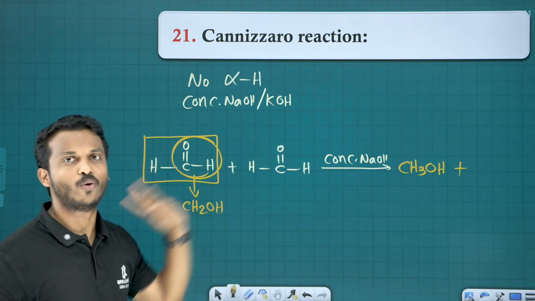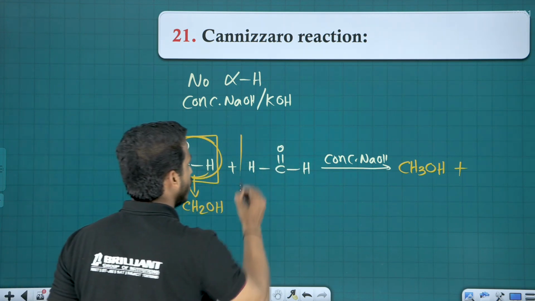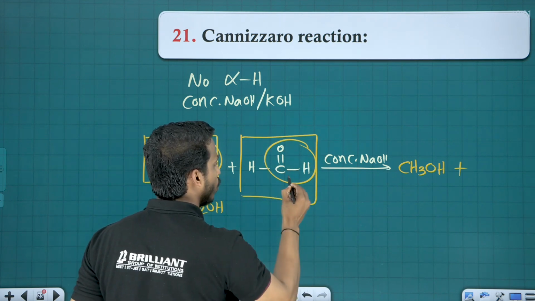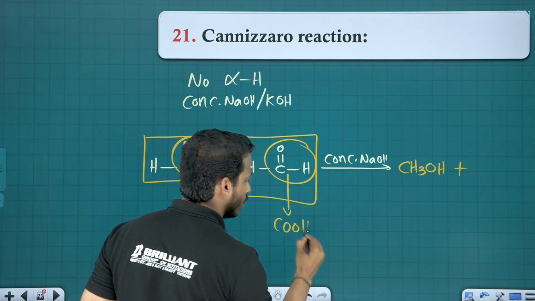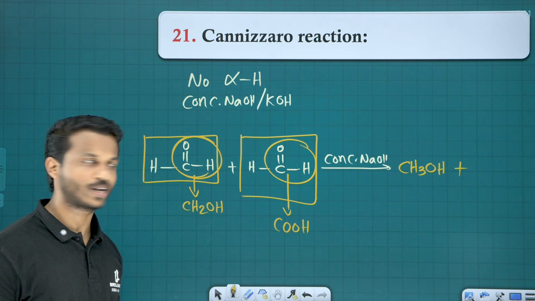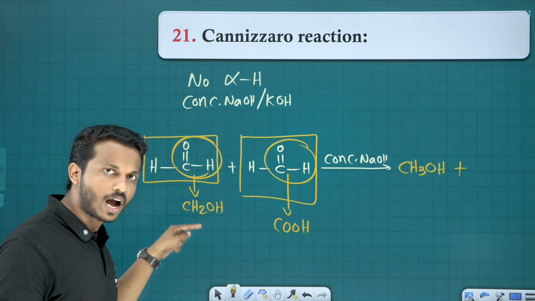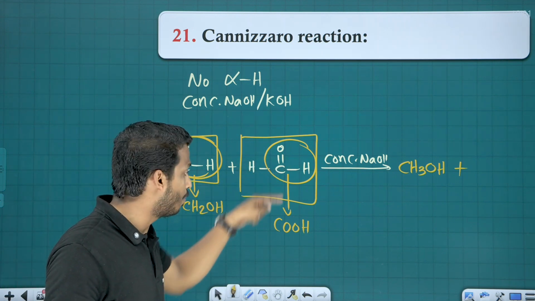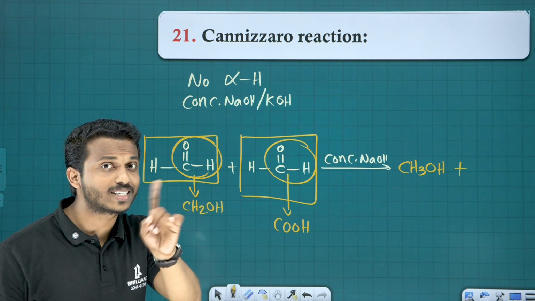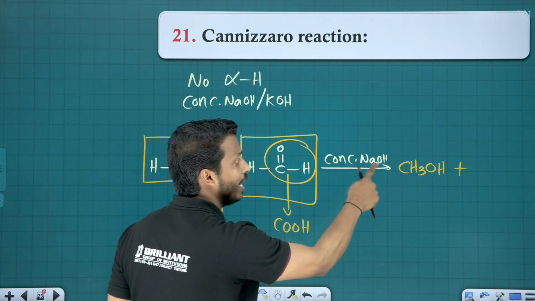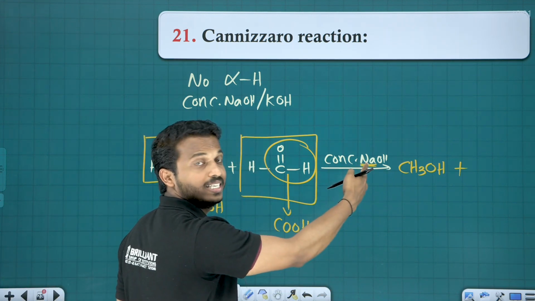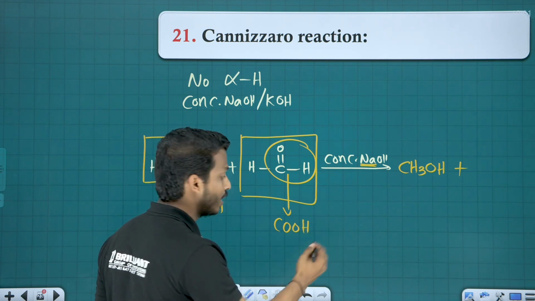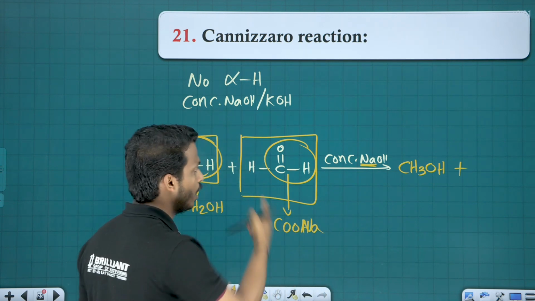CH3, that is CH3OH. Second compound, CHO make it COOH, acid. First compound CHO becomes alcohol, second compound aldehyde becomes acid. But it won't exist as the acid, as sodium metal is there. So sodium displaces this hydrogen, so it becomes COONa. So what is left here?